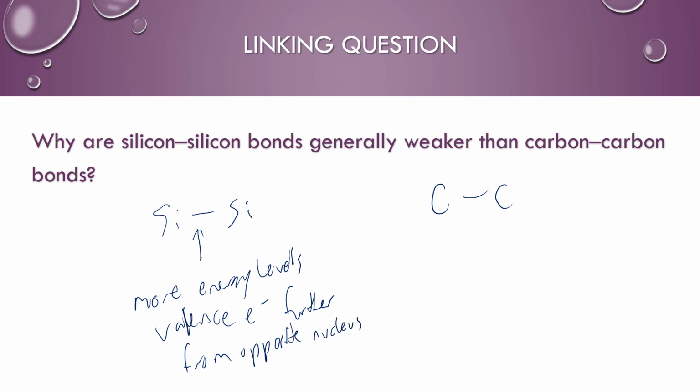And because it's further away, greater distance means it's a weaker attraction. And that has to do with Coulomb's law. Whereas with carbon, you have fewer energy levels. The valence electrons are closer to the nucleus of the opposite atom, and that forms a stronger attraction and a stronger bond.